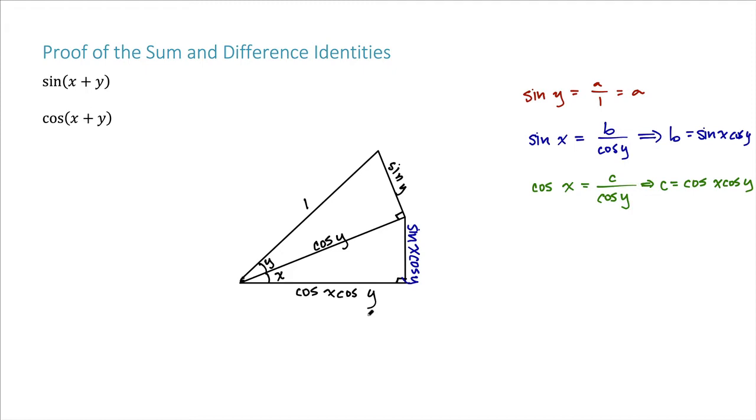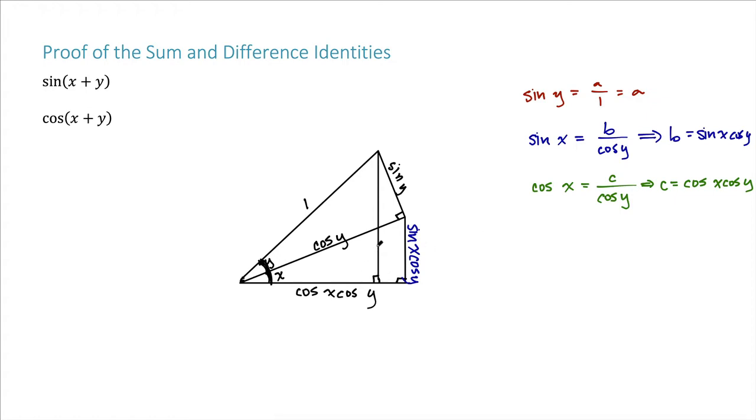Okay, so now what we need to do, we want a triangle that has x plus y as an angle. And x plus y, well, that's this full angle here. And if I want to create a triangle with that, I'm just going to take this line here as a hypotenuse and then drop a line straight down from there. And that's a right angle.